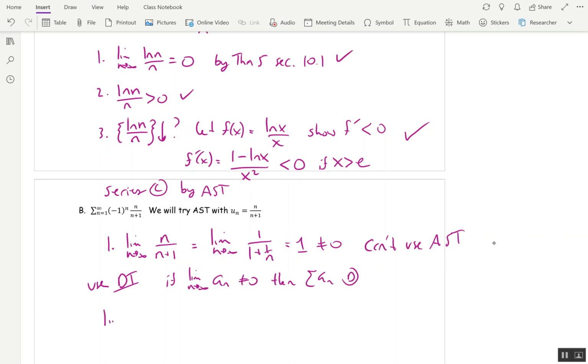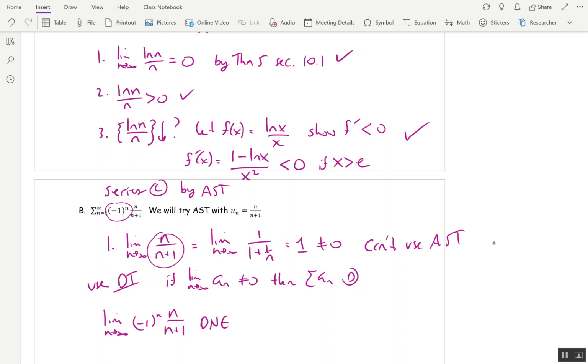Okay, well, limit as n goes to infinity of the terms. Now I have to include the negative 1 to the n because the terms include that. So negative 1 to the n over n plus 1. The most I can say about that limit is that it does not exist. And here's why. Without the negative 1 to the n, we saw that the limit of that sequence is 1.